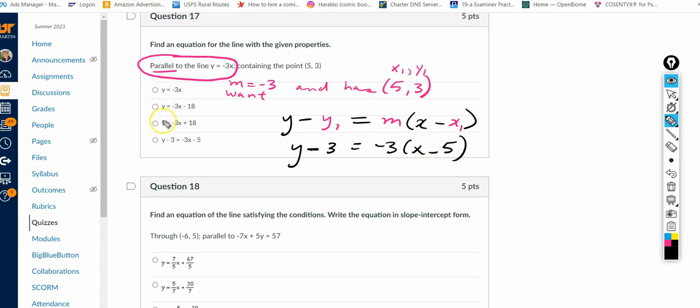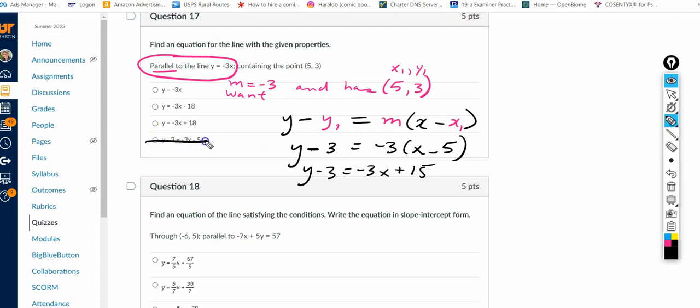And now I just need to put it into the form where y is by itself on the left-hand side. Oh, and the line I want has slope -3, and when it's in this form, well, I can't eliminate any of those. Okay, so let's just multiply this out. I'm going to have minus 3x and then plus 15.